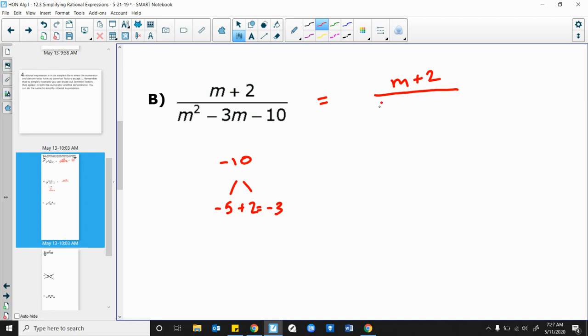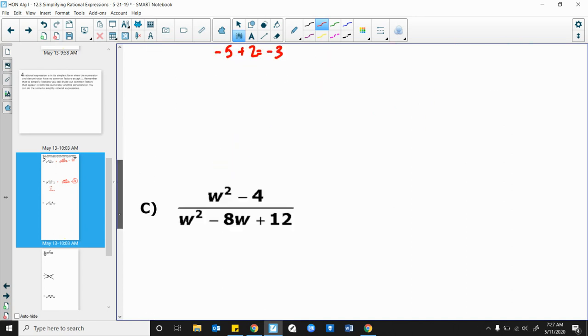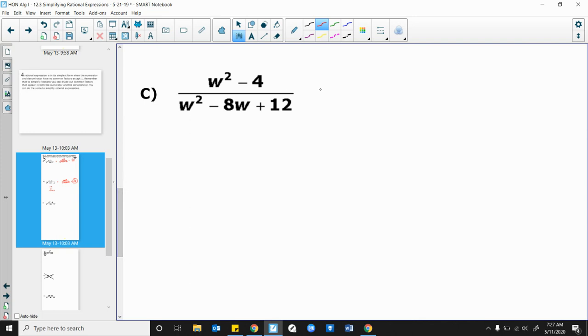So I'm going to have x minus 5 and x plus 2. Cancel out. I put x's, but I meant m's. I cancel out my m plus 2's, and I'm going to be left with 1 again because there's nothing left in the numerator over x minus 5. I hope that's not too complicated yet. Moving on.